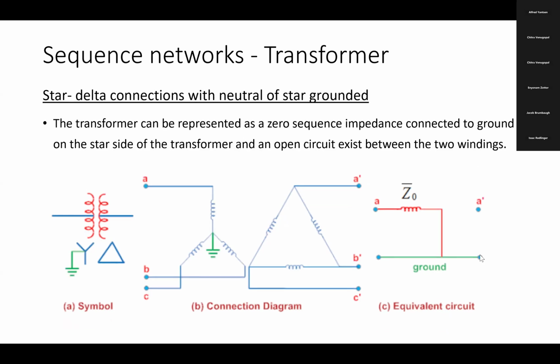In the primary, Y is grounded. So you put the ground impedance, and that should be connected to ground, whereas delta, just leave it open.